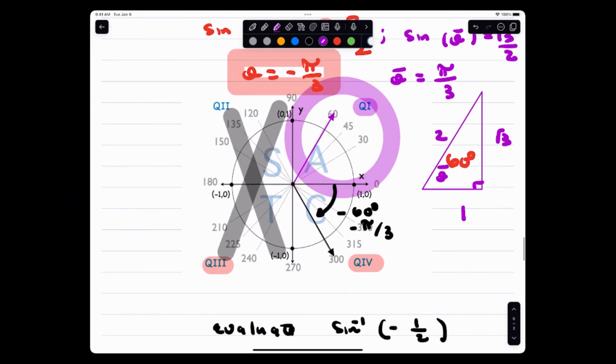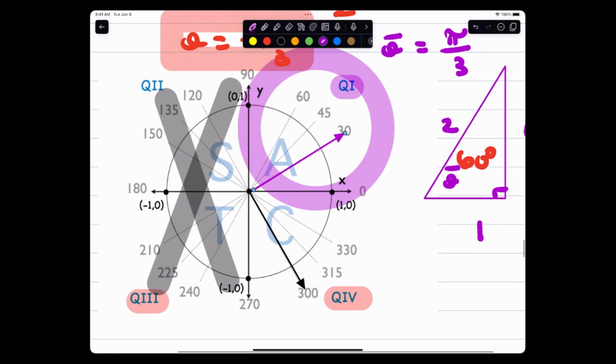Why does it give you negative 30? Because back here, the positive angle was 30 degrees. You found that reference angle. But sine is negative. And so you're going to have to go down here. This is 30 degrees here. This is negative 30 degrees, negative pi over 6.